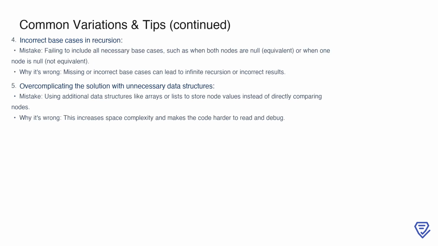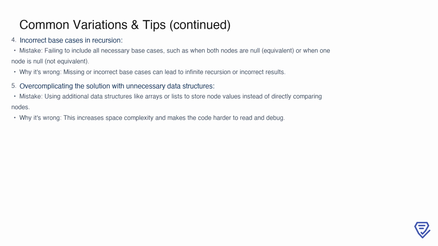Additionally, incorrect base cases in recursion are another frequent issue. For example, if you don't account for all scenarios, like when both nodes are null, which indicates equivalence, or when one node is null and the other is not, which makes them non-equivalent, you might run into infinite recursion or incorrect outputs. Getting the base cases right is absolutely essential for recursive algorithms.